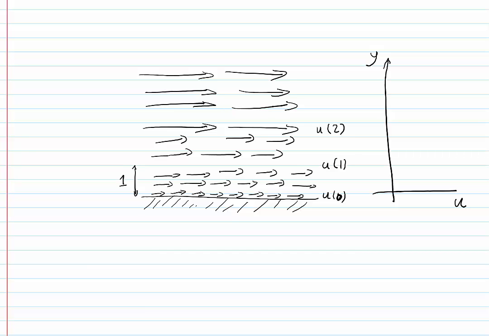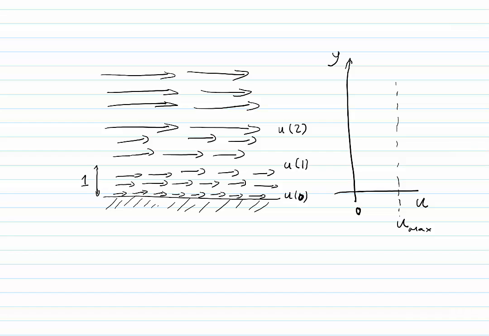Let's say this is velocity 0, and let's say there is a maximum velocity away from the surface. Let's call it u max. Then at y equals 0, u equals 0, so we have 1 point here.